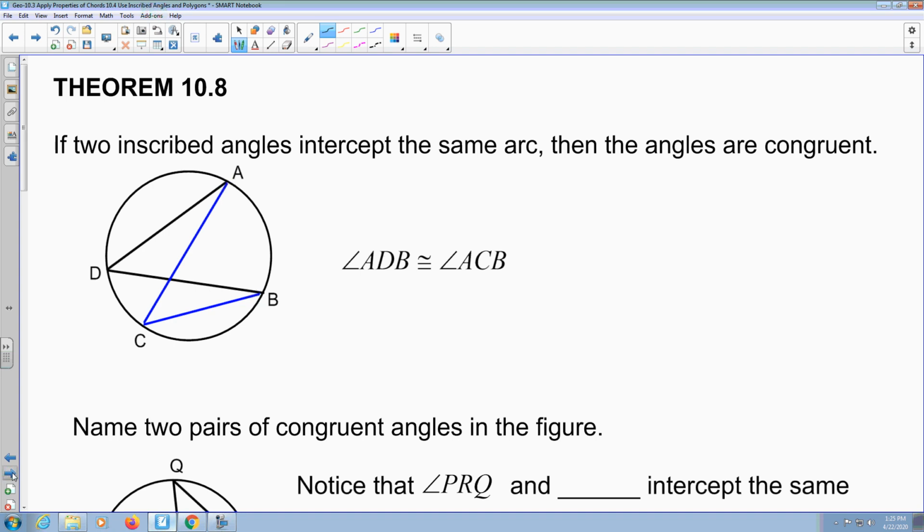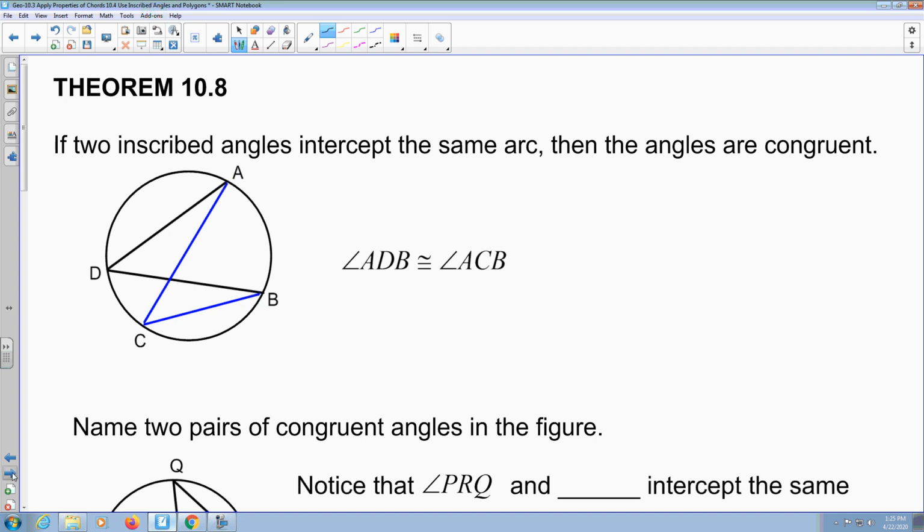This theorem states that if you have two inscribed angles that intercept the same arc, then the angles are congruent. So here it says that angle ADB, which is in the black segments, is congruent to angle ACB, and that's represented in the blue segments.